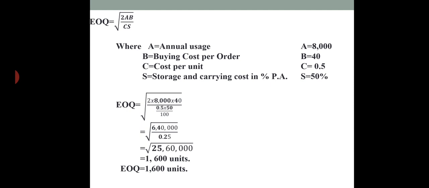If you are taking the root of 25 lakhs 60,000, that is 1600 units. So EOQ in the sense, that is 1600 units.